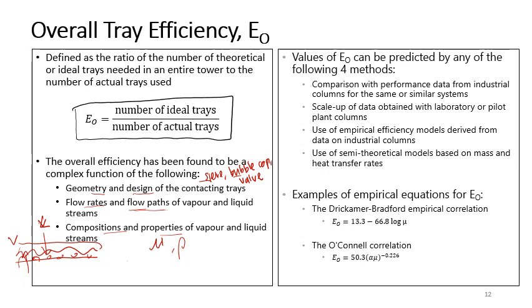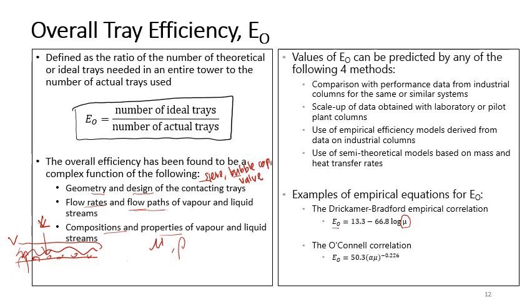You can also predict the value of overall efficiency by the following method. How do you measure the overall tray efficiency? These are some methods, for example empirical equations given by previous researchers and industrialists. For example, the Drickamer-Bradford empirical correlation: you can estimate the overall efficiency if you know the viscosity of the liquid flowing through the plates.